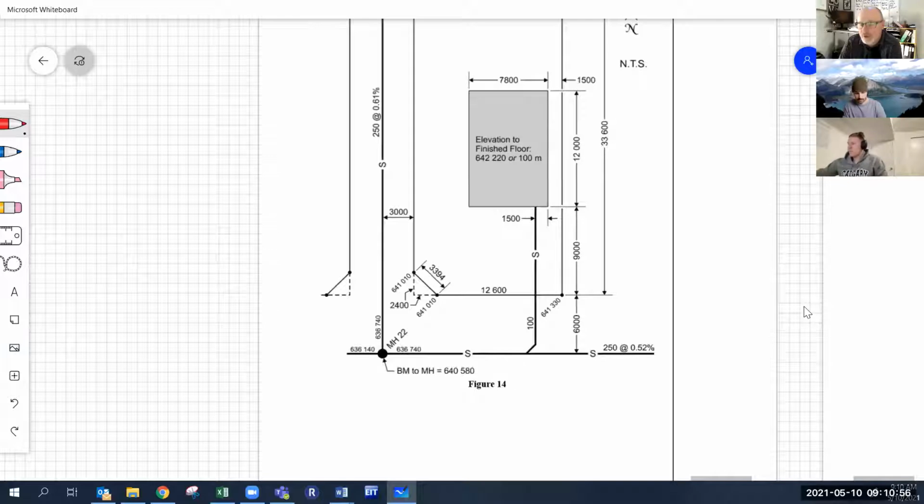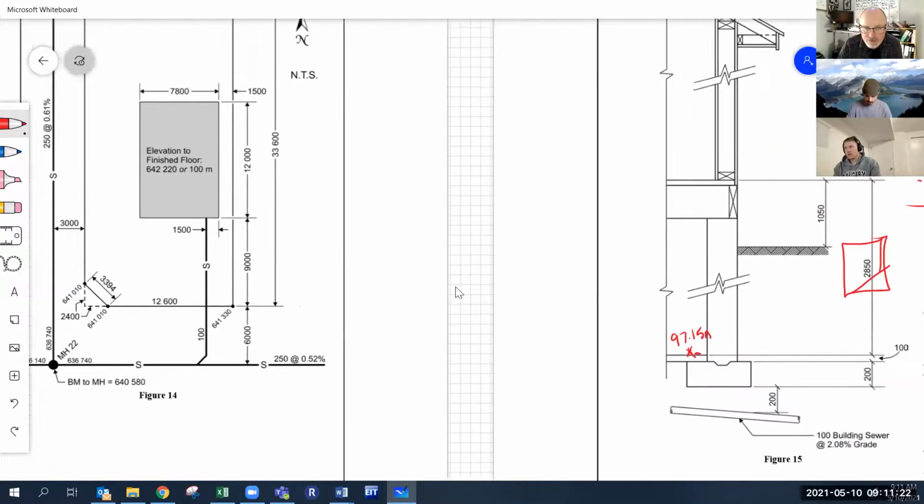Now we're getting into some stuff now. The next question says, what is the actual invert of the building drain, where the drain leaves the house?